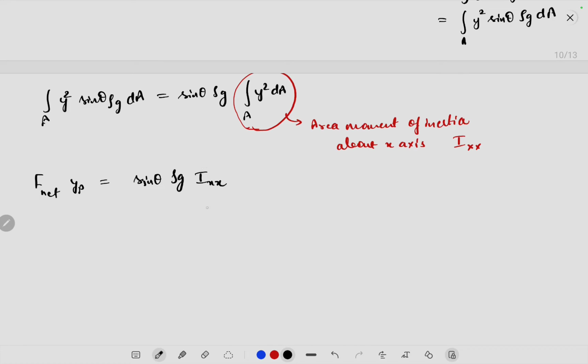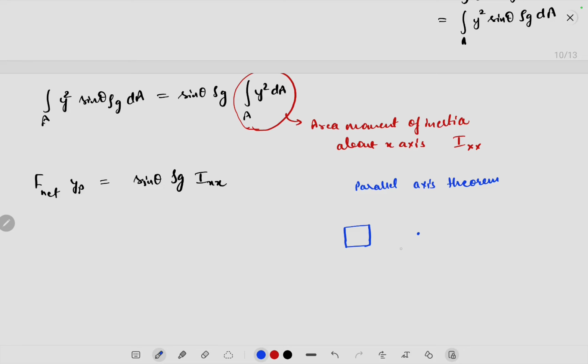Now we will replace this area moment of inertia about the x-axis, Ixx, in terms of known quantities. So how do we do that? We'll use the parallel axis theorem. So what does the parallel axis theorem state? Let's say I have a body, and this is an axis which is perpendicular to my board, and this body is rotating around this axis.